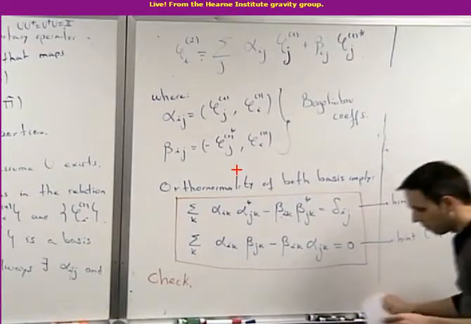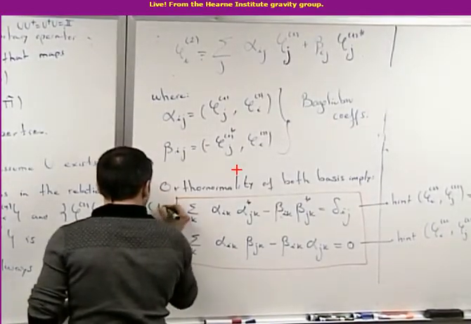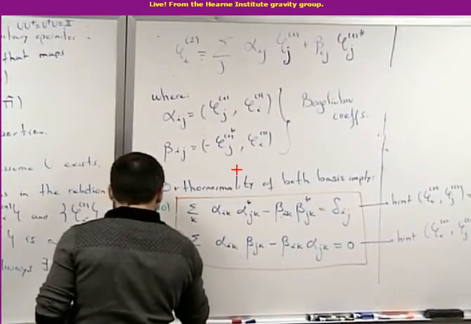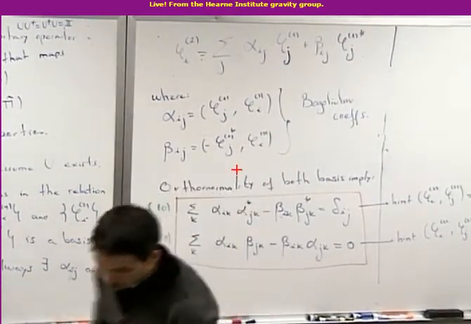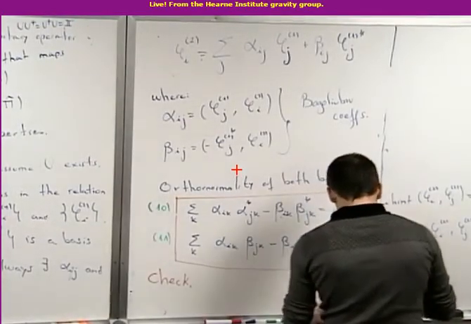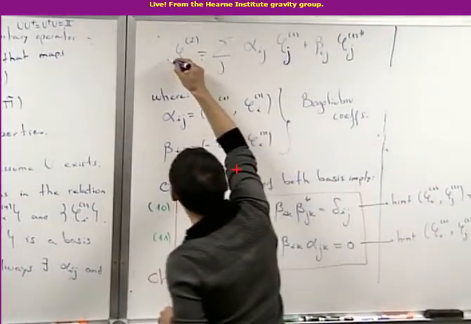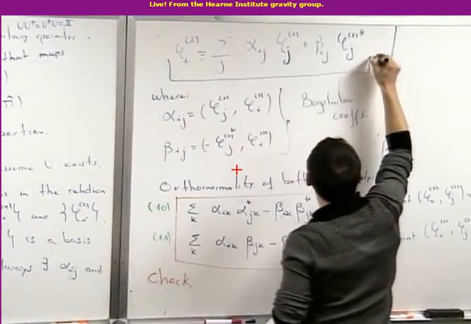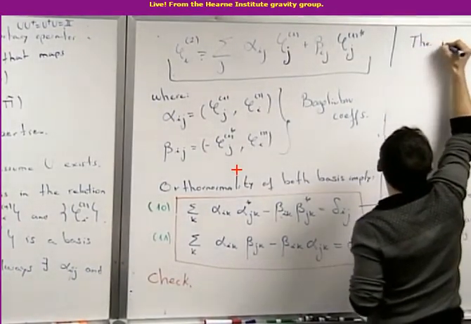So let me put numbers to the equations. Calling this equation 10, this equation 11, and that's all. So this was the defining equation for alpha and beta. We can also write the inverse.